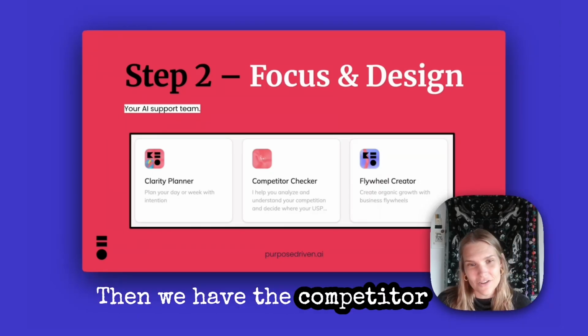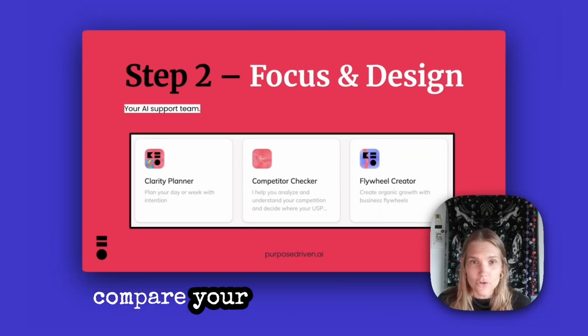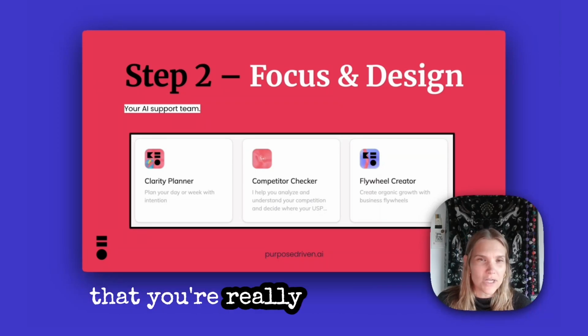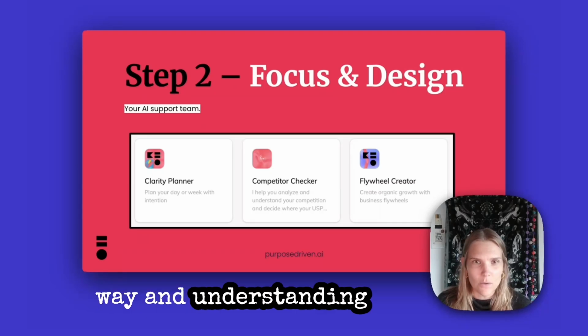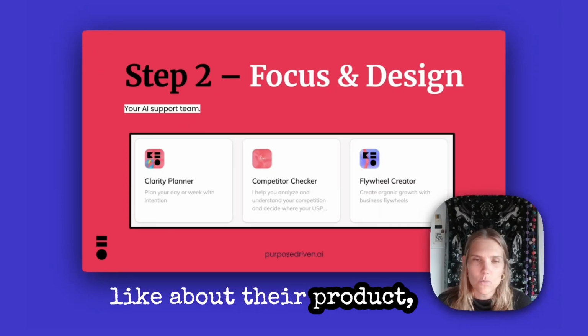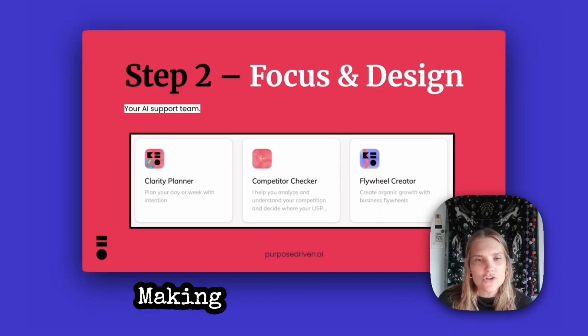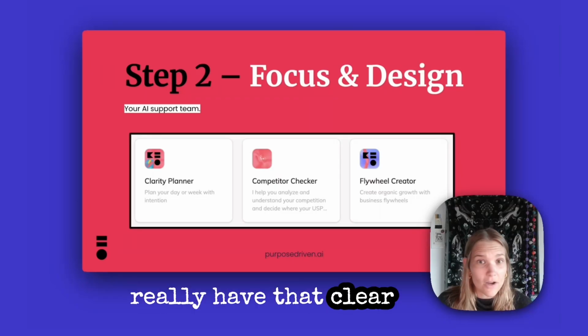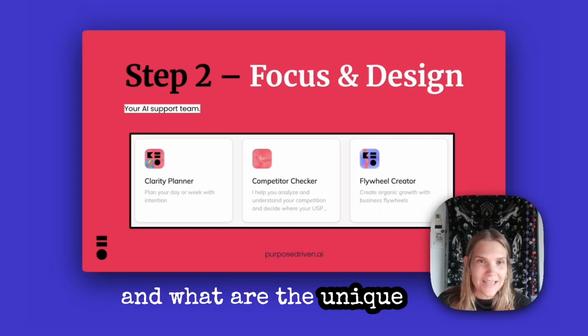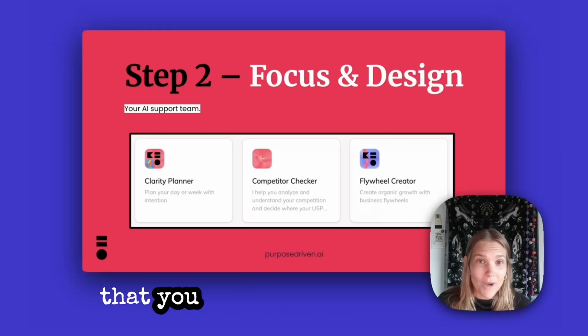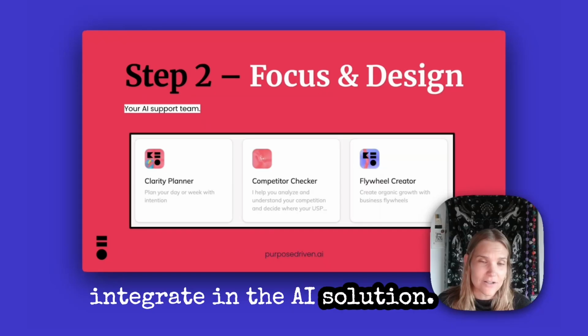Then we have the competitor checker, which will help you compare your USP, make sure that you're really looking at other competitors in a mindful way and understanding what are the things that you like about their product, what do you not like, making sure that you really have that clear understanding of what it is that you're building and what the unique elements of your solution are that you might want to also integrate in the AI solution.